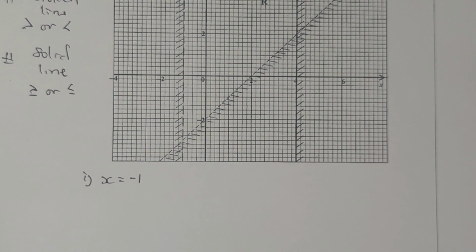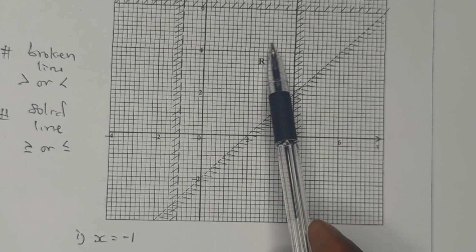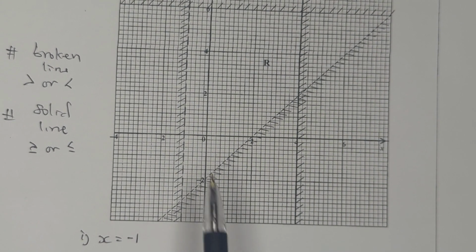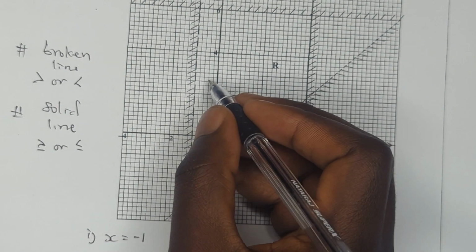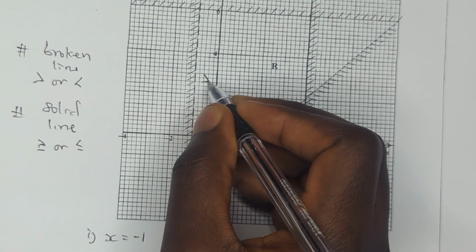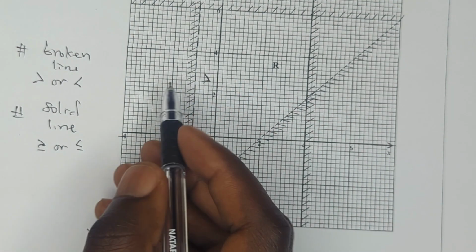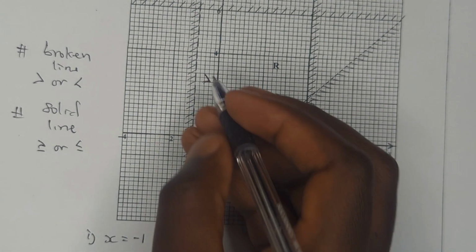The sign that we are going to use, if we check this line, we are considering the region R. When the numbers go in this direction, they are increasing. So this side here is greater than. And this side here, when the numbers move in this direction, they are reducing.